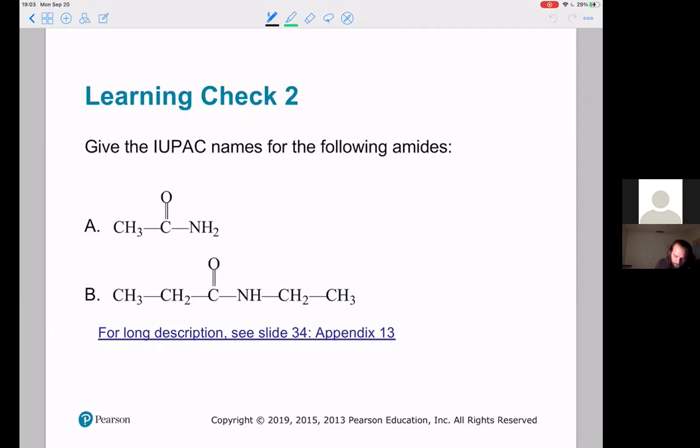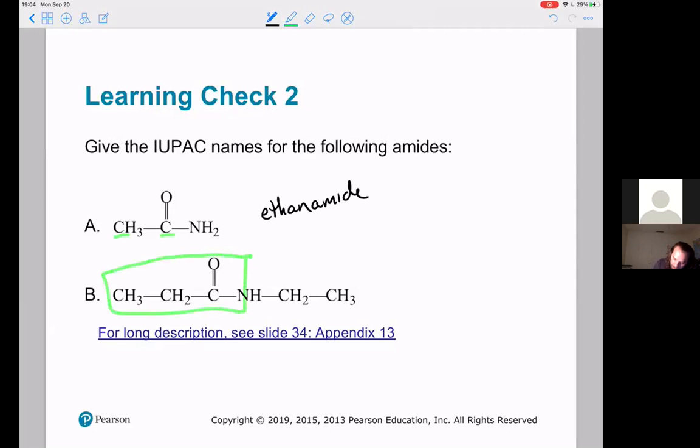We're going to go for these ones as well. This one's pretty simple because I only have 2 carbons, so this would be eth- and amide. For the second one, I have to figure out what my parent chain is. But remember, for amides it's more straightforward than for amines, in that I include the carbonyl carbon in my parent chain.